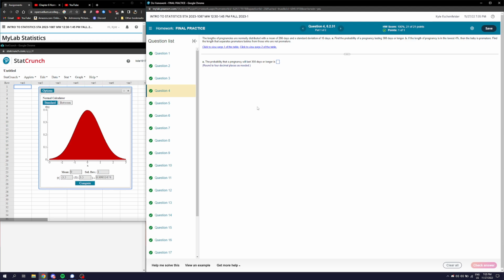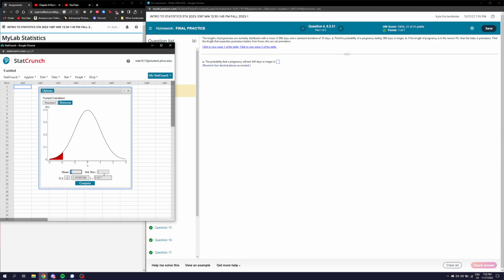Question 4. This will also be the normal calculator. It's just standard, so this is a very easy problem. The mean is 266 and the standard deviation is 15 days.